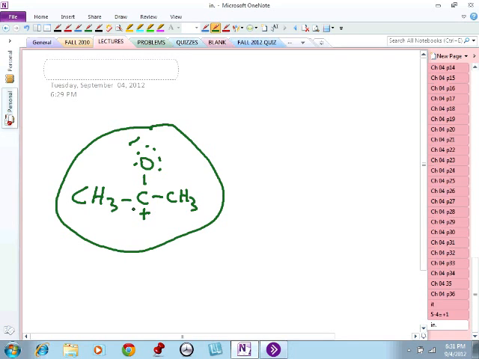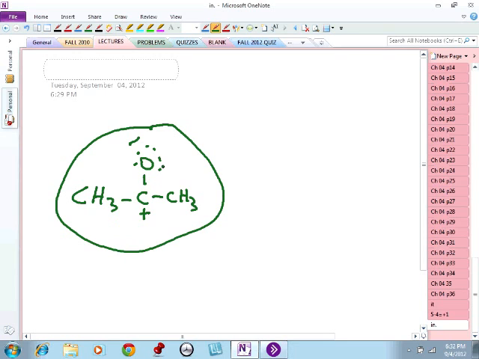Even though it is a very simple concept, as we move on this is going to become very important, because many of the chemical reactions that we are going to be dealing with involve intermediates that are molecules that need formal charges. You have to place those formal charges on those molecules.